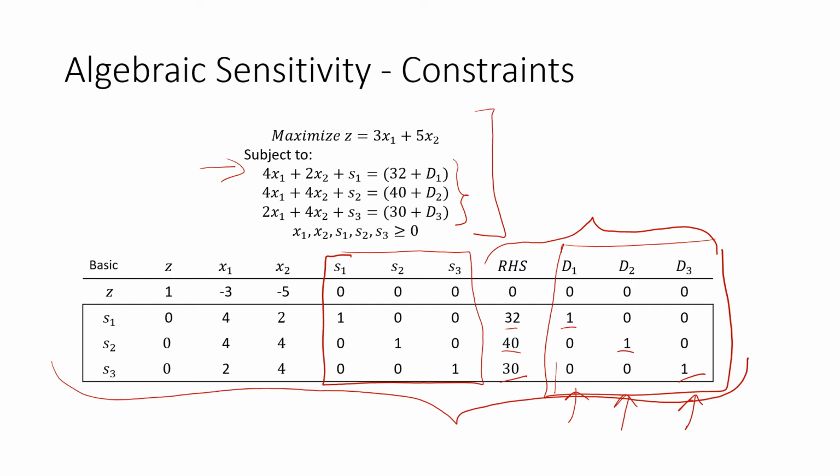So this is representing our equations in an expanded tableau. But because the slack variables and the change variables, the difference variables, have the same numbers, that makes our life a lot easier.